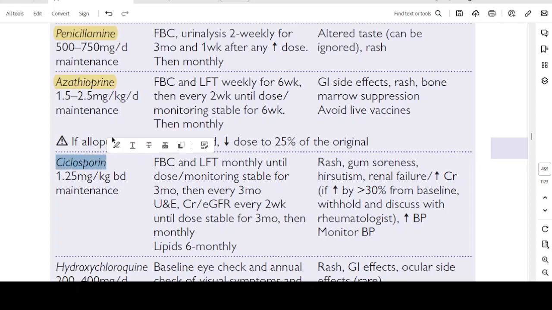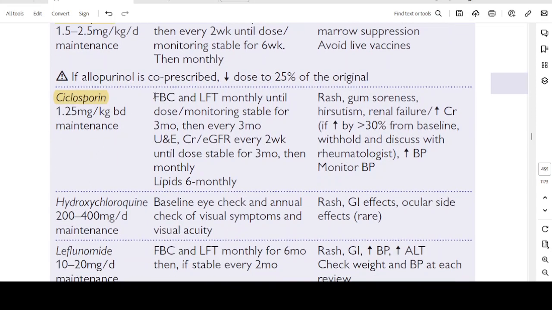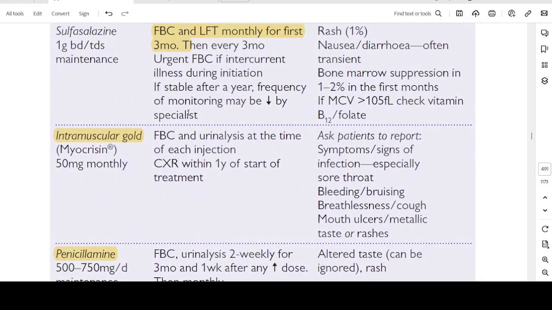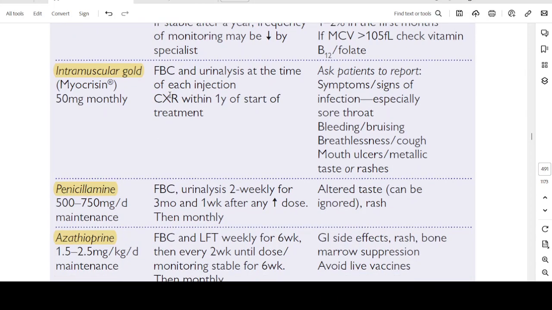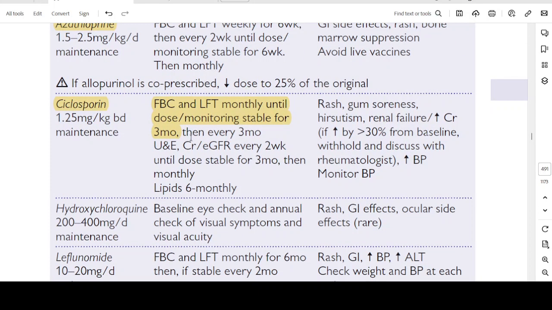Cyclosporin, 1.25 milligrams per kg BD maintenance, and you need to check FBCs and LFTs monthly until the dose is stable for 3 months. Again, this is like the other drug, sulfasalazine. This is also monthly for 3 months, then every 3 months.